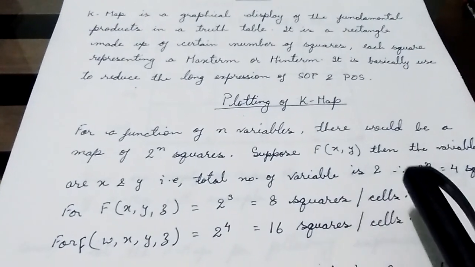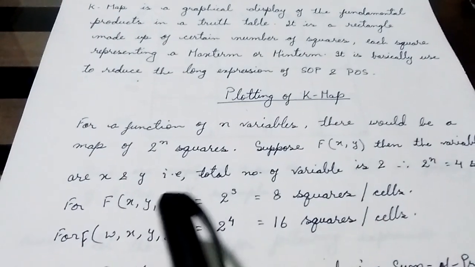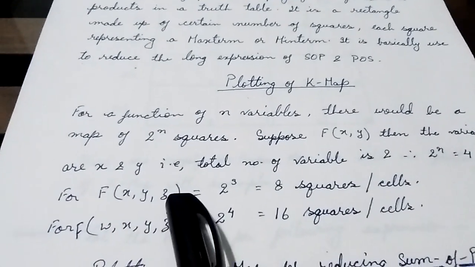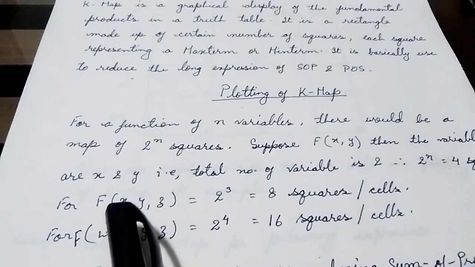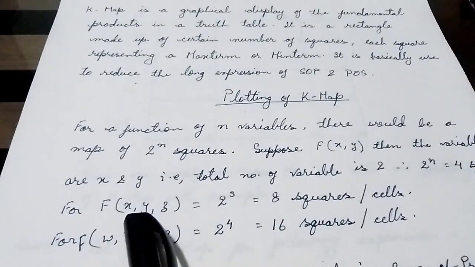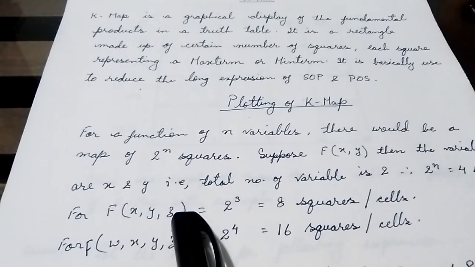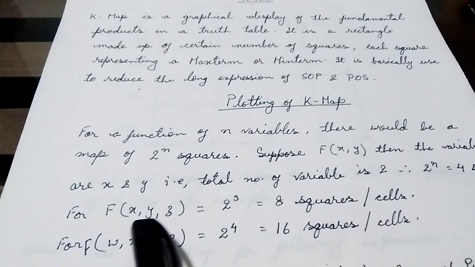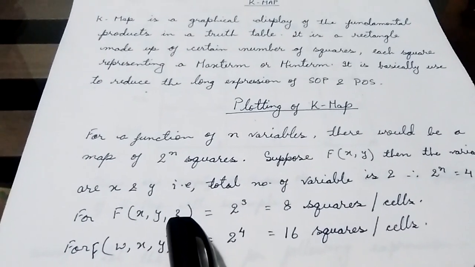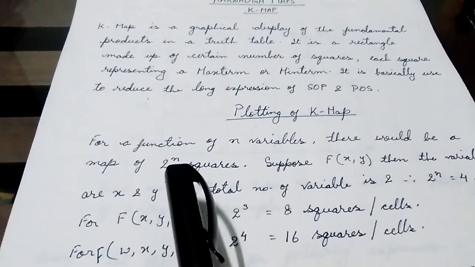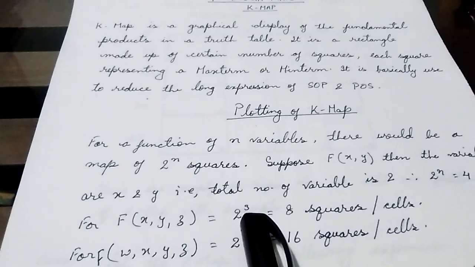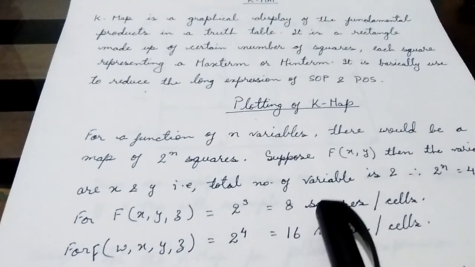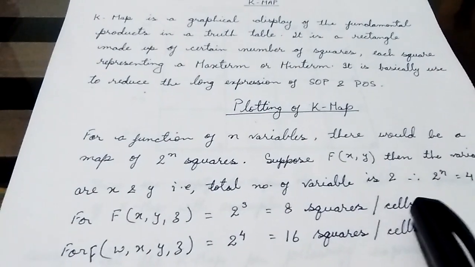The total number of variables, how will we find out? We will find out by seeing here. If the function is having variables written x comma y comma z, then we say the total number of components is 3. Using the formula 2 to the power of n, 2 to the power of 3 equals 8 cells or squares.